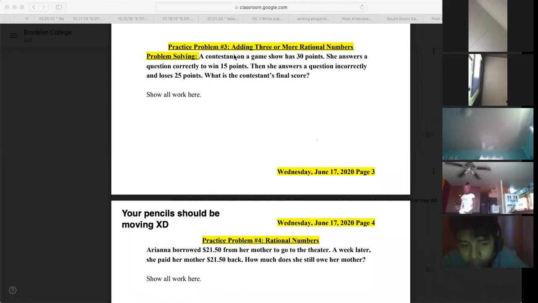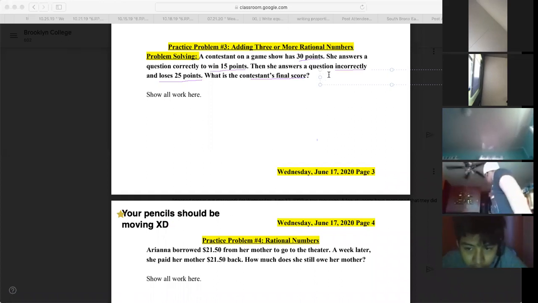All right, Mel, so let's look at what we just did here. So here we go. We have 30 points. She wins 15, and then she incorrectly answers and loses 25 points. What is her final score? So I'm going to write some text boxes here with some reminders. So let's look at this.